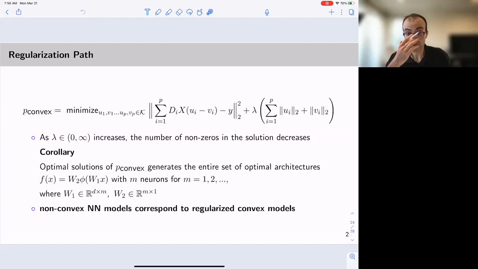This correspondence was in fact not known before. In this sense, non-convex neural network models correspond to regularized convex models. Essentially by dialing in the number of neurons in a latent way, you're controlling the regularization by picking some lambda.